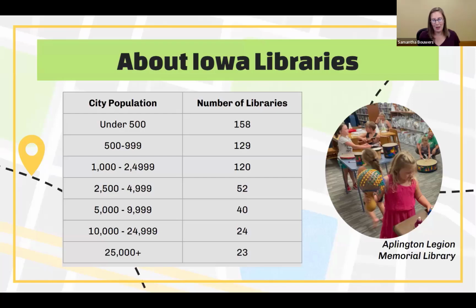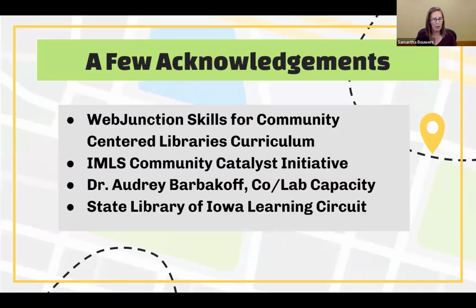When we think about asset mapping, a lot of the examples from around the US are from large areas, but I really wanted to focus in this presentation on the fact that even the about 520 public libraries in Iowa that would be considered small by those IMLS standards have great assets in those communities that are worth celebrating and worth listing out and connecting.